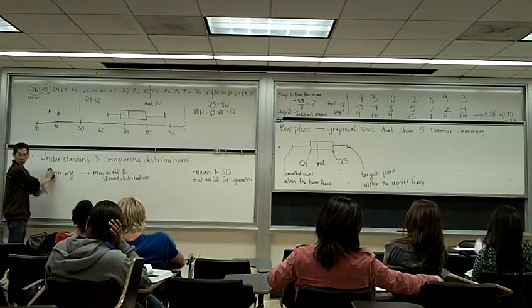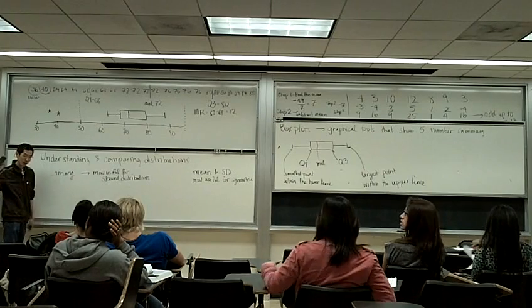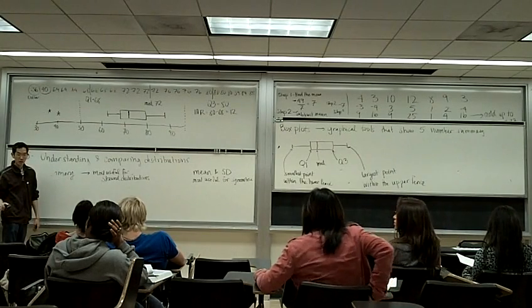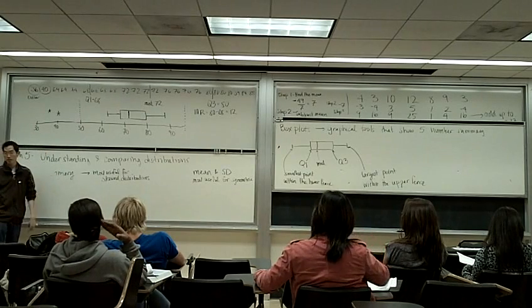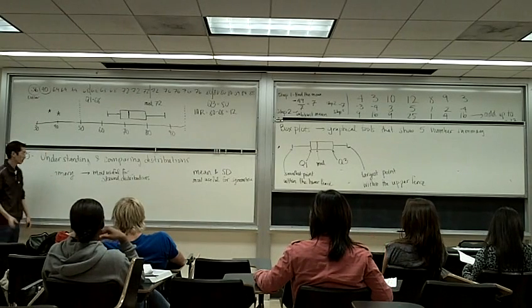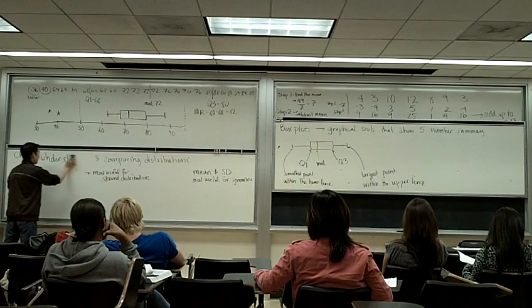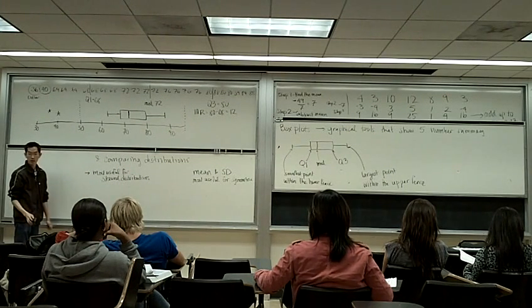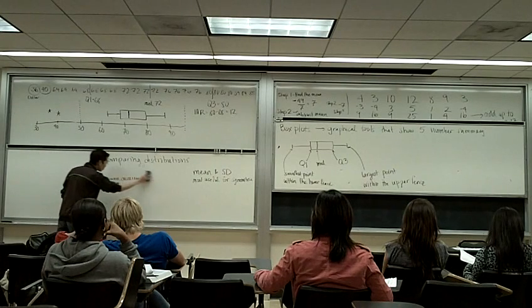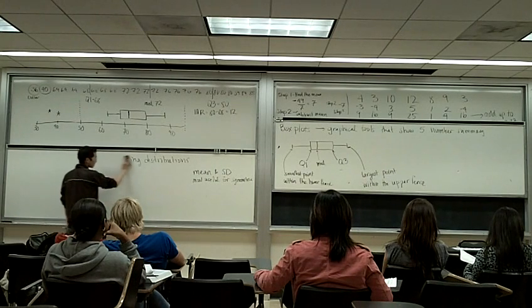We have another question. So there can be more than one outlier on one side? Yeah, if you've got 20 outliers, they're all going to have stars.